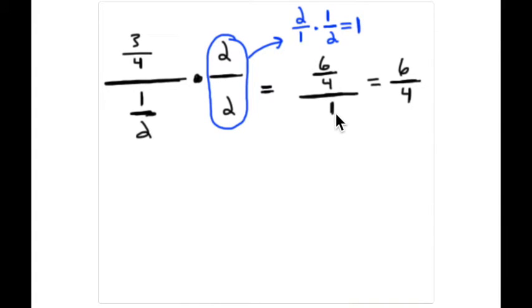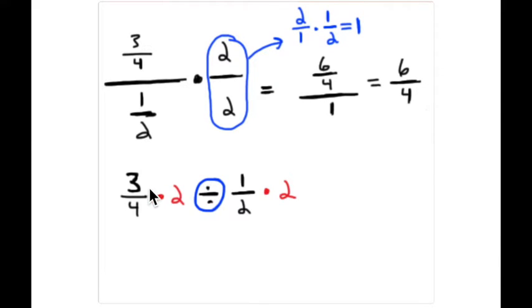So 6/4 over 1 equals 6/4. Now what you're doing is taking this 3/4, multiplying it times 2, and dividing that by 1/2 times 2. So this 1/2 right here times this 2. And when you look at it as a fraction, once again, it's the same as taking the factor 2 and multiplying it by its multiplicative inverse, 1/2.